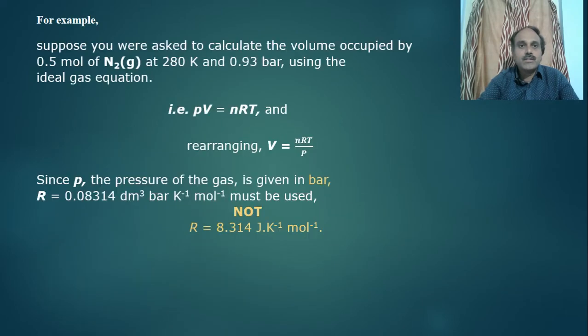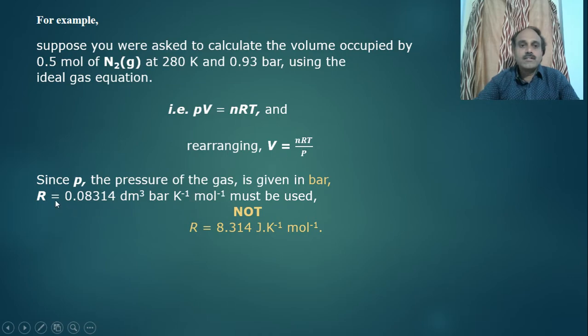For example, suppose you are asked to calculate the volume occupied by 0.5 mole of nitrogen gas at 280 Kelvin and 0.93 bar using the ideal gas equation. The equation is PV equals nRT, you know this, and rearranging, V is equal to nRT by P. Since the pressure of the gas is given in bar, the R value should be in terms of bar.